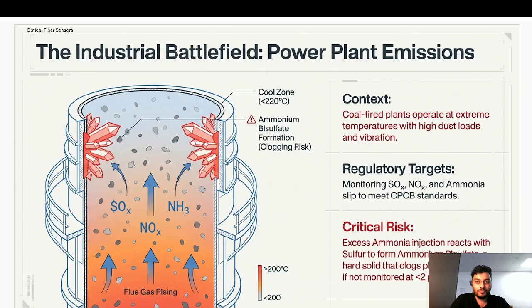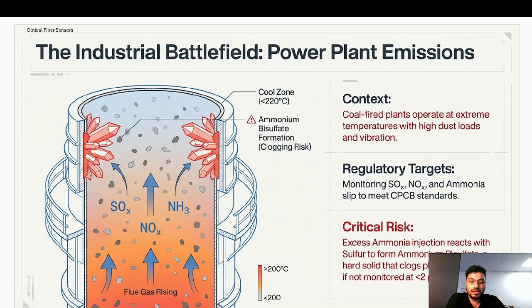Then moving towards the industrial application. As you know, so many industries use chemicals or do drug manufacturing, where they will use various gases, like ammonia, nitrous oxide, sulfur dioxide, carbon monoxide, carbon dioxide. They also release very toxic gases along with the chemical production.